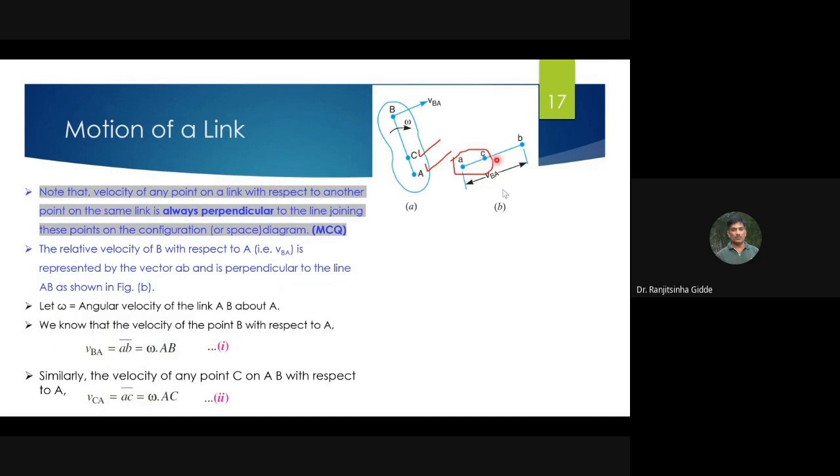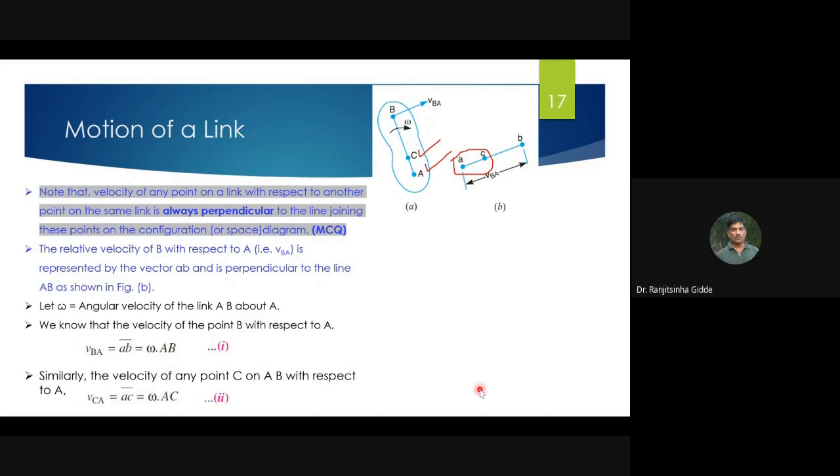And how to determine it? Again, R omega. And what is the radius for this? That is AC into omega. VCA is equal to vector ac, and how to find out its magnitude? Omega AC. Same formulas we are going to use while solving the numericals with the graphical method.